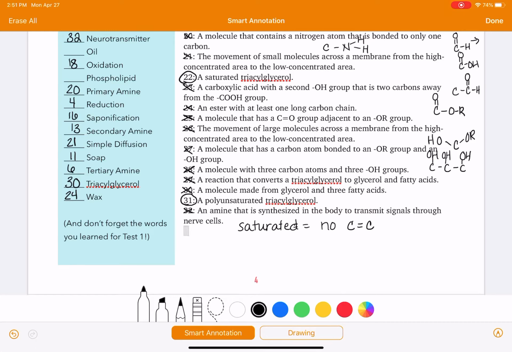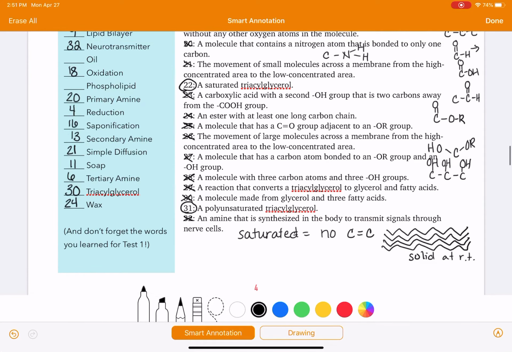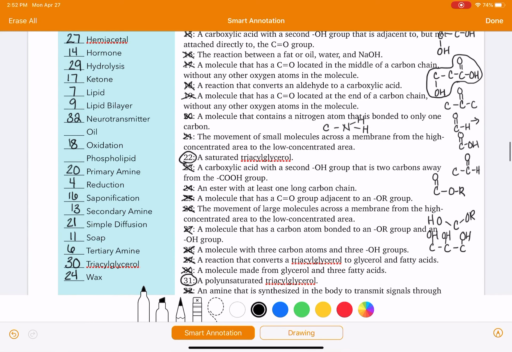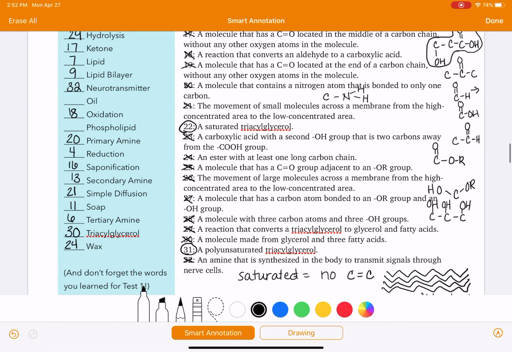And when you have no carbon-carbon double bonds, you have those perfect zigzag tails, and the molecules can smush themselves very tightly together, and we get a solid at room temperature, which is a characteristic of what we would call a fat, like butter. Saturated triacylglycerol, that was number 22.